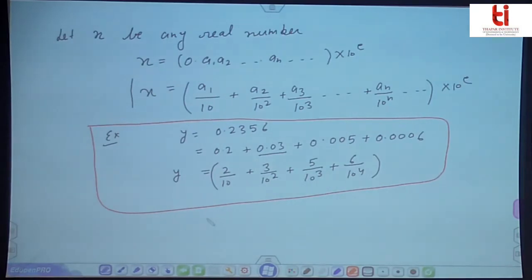Similarly, we can write x as summation i equal to 1 to infinity ai upon 10 raised to power i, times 10 raised to power e, with the condition a1 is not equal to 0. When a1 is not equal to 0, that means x is in normal form.